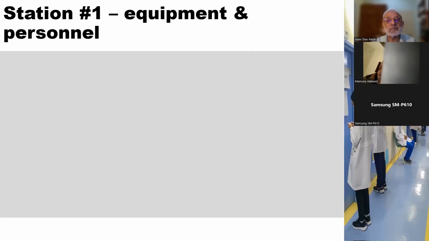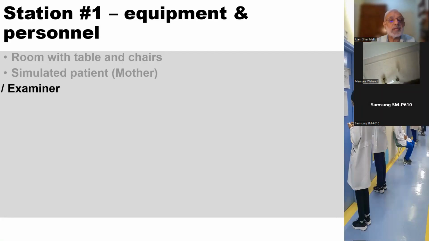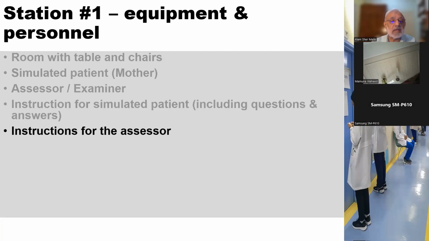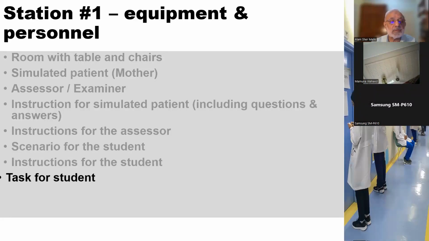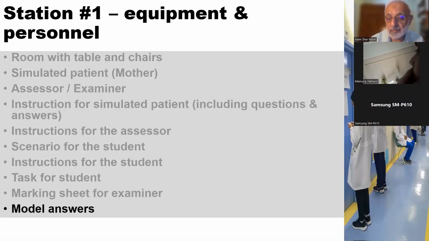The equipment and personnel required for the first station would be, of course, a room with table and chairs, a simulated patient, who would play the role of the mother, an assessor and examiner, instructions for simulated patients, including questions and answers, instructions for the assessor, the scenario for the student, instructions for the student, the task for the student, and a marking scheme sheet for the examiner and the model answer.